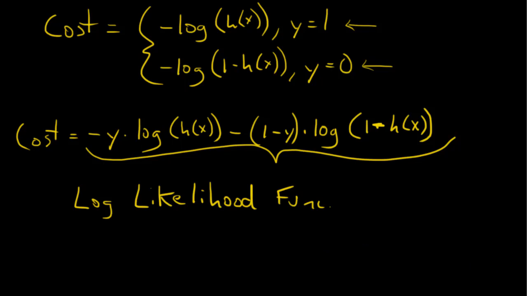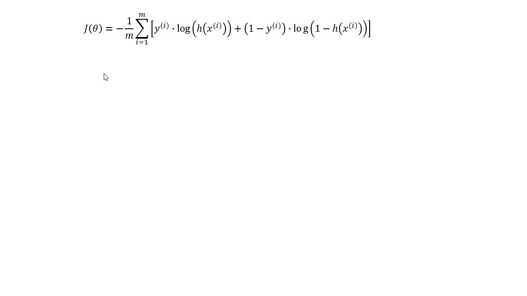So here we go with the actual cost function, and it's going to be our J of theta is equal to negative 1 over m, summation from 1 to m, of the log likelihood function that we just went over: y times the log of h of x plus 1 minus y times the log of 1 minus h of x.